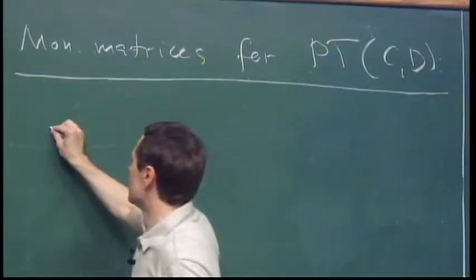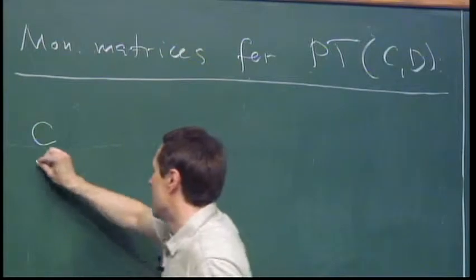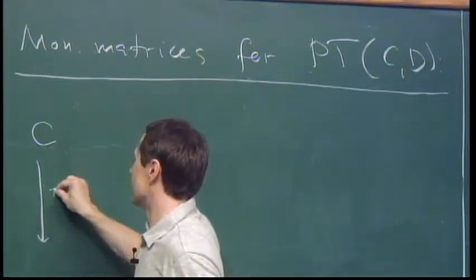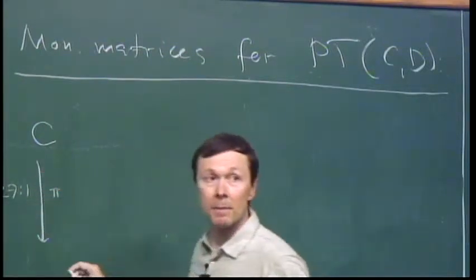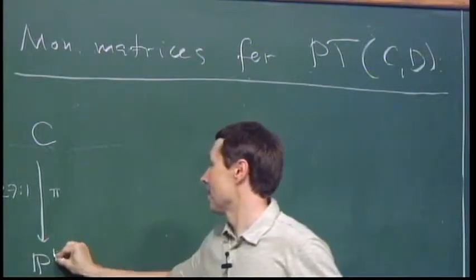Well, in this situation, you have this curve C, which has this 27-to-1 map. There is a formula just like that, I'm saying. There is just like that, only the M_i are now different. Again, there is a leading term, like this, and I'm telling you what these matrices are.